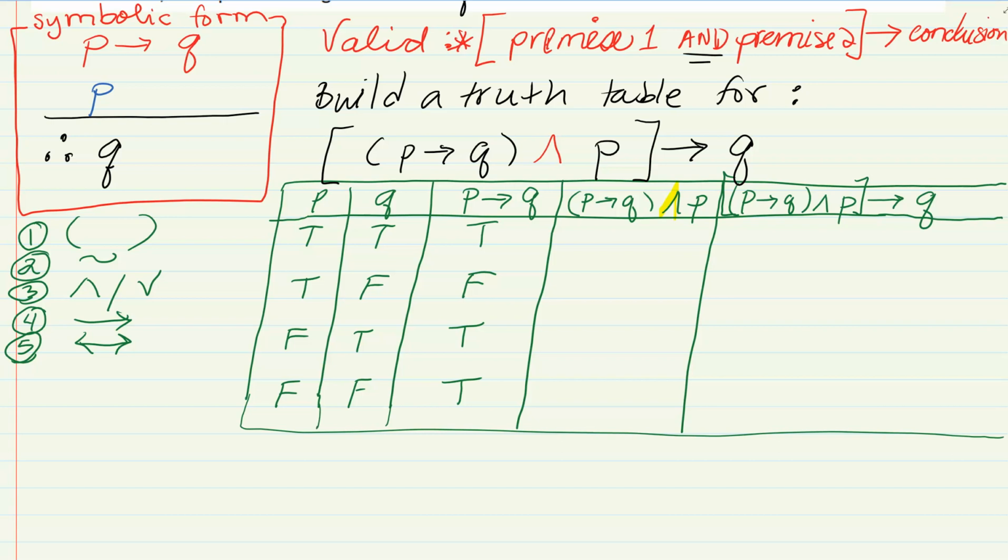So true and true gives you true. False and true gives you false. True and false gives you false. And then true and false gives you false. Now the next question is focusing on this conditional statement, right?